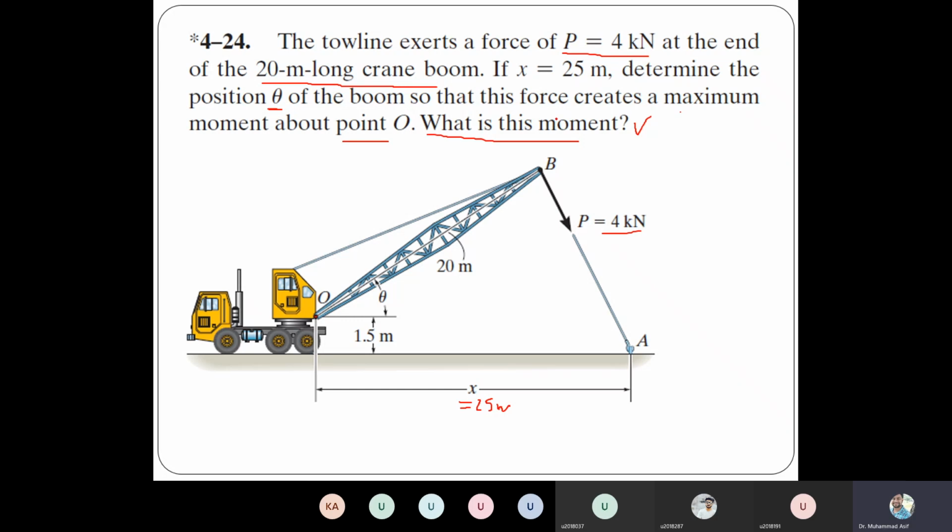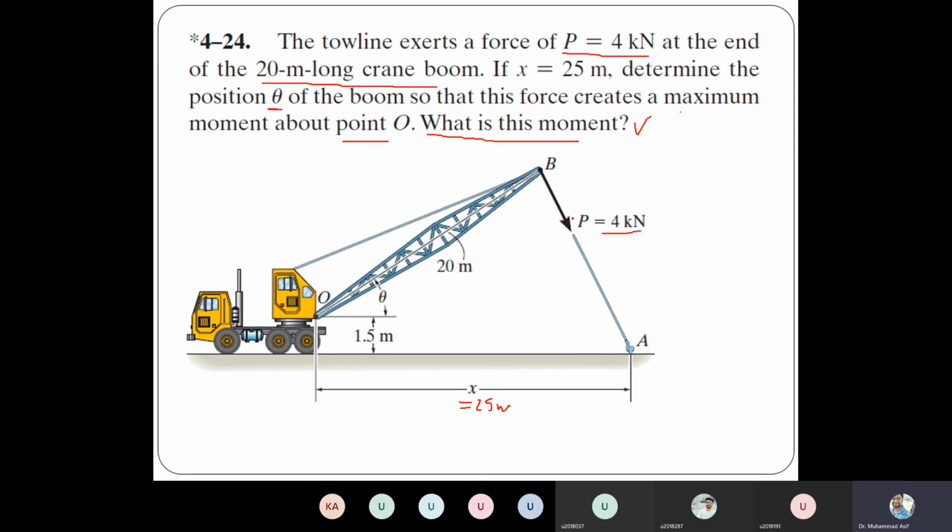So when will this force produce maximum moment? What do you think? When this 4 kilonewton force will produce maximum moment, when is it possible?